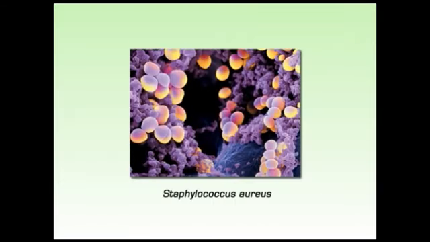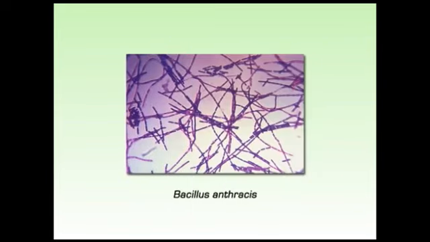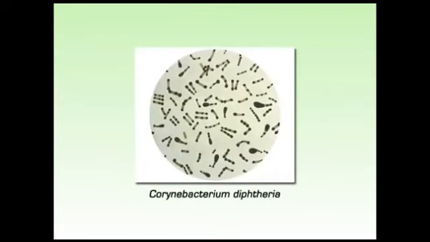The mode of reproduction is by transverse binary fission. Some gram-positive bacteria include Staphylococcus aureus, Streptococcus mutans, Bacillus anthracis, Clostridium tetani, Corynebacterium diphtheriae, and so on.